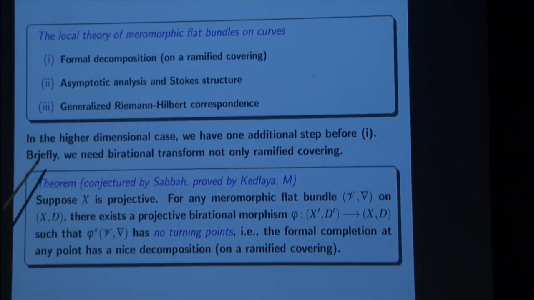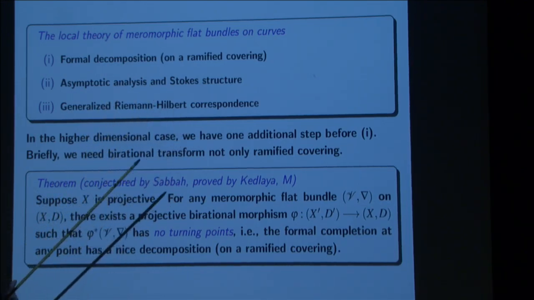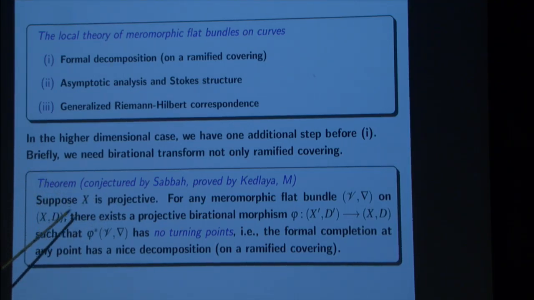And in the high-dimensional case, we need an additional step before this one. We have to take a pullback by a projective birational morphism to simplify the structure. The existence of such a birational projective morphism is not easy to prove, but it was conjectured by Sabbah and proved by Kedlaya and myself.